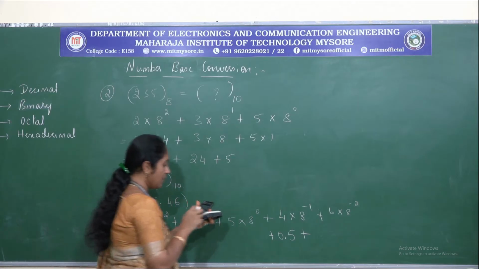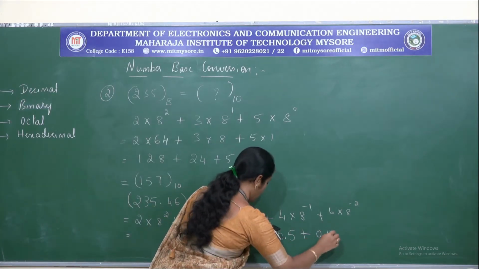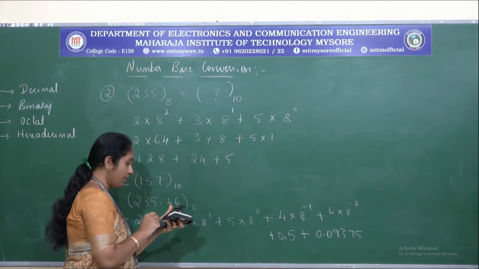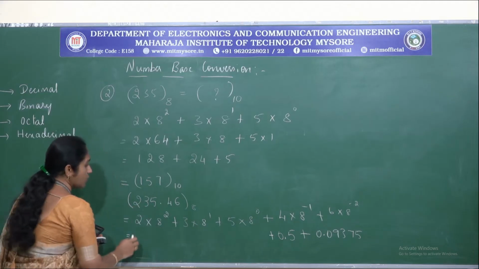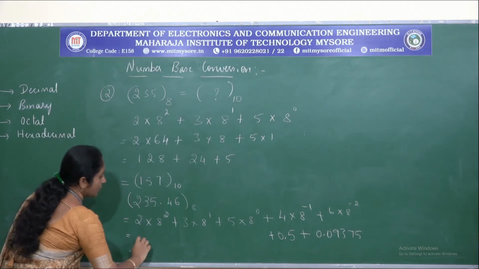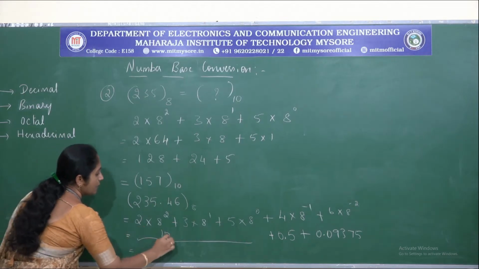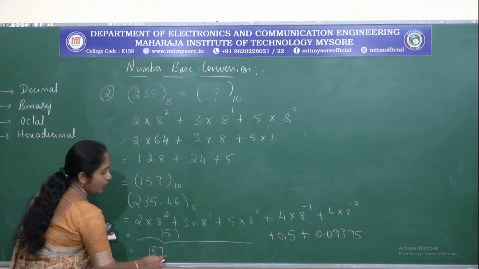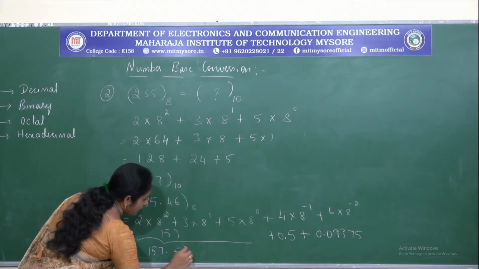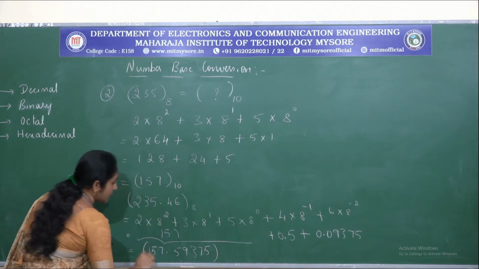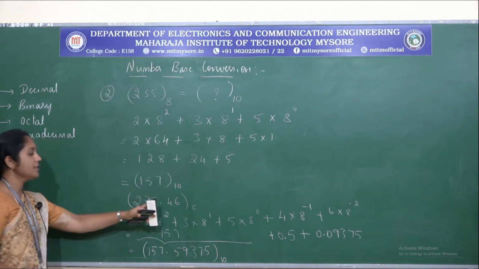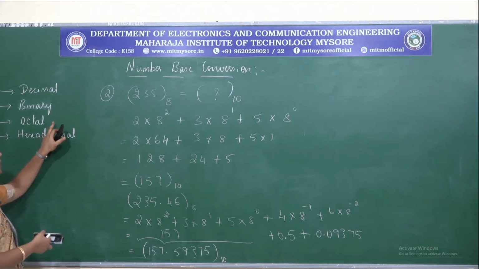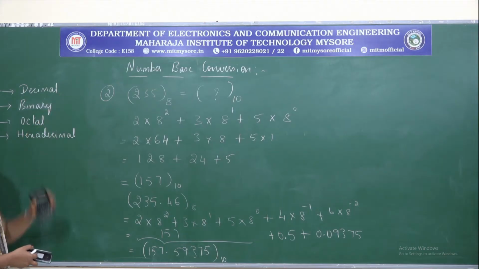So the fractional part is 0.09375 plus 0.5, therefore the answer will be 157.59375. So this is the equivalent of this number in the decimal number system. This is how we convert from the octal number system to the decimal number system.